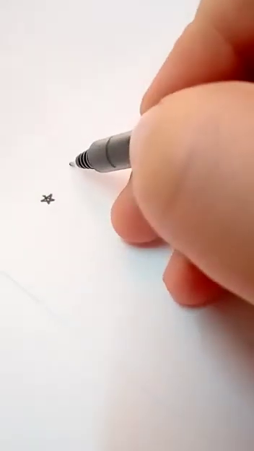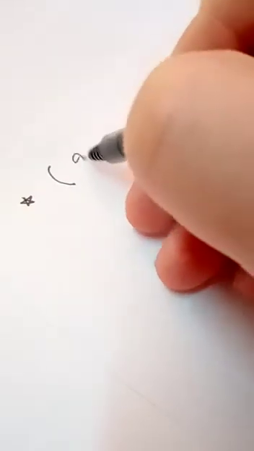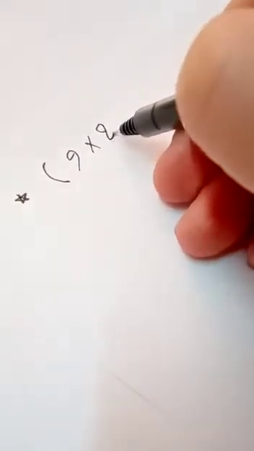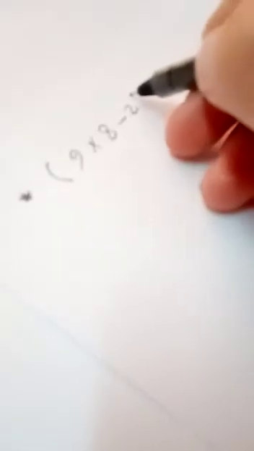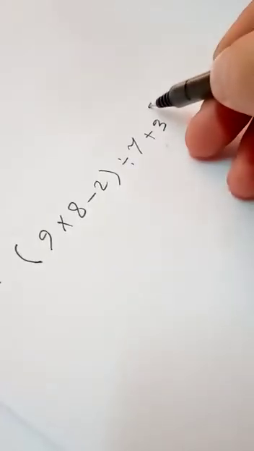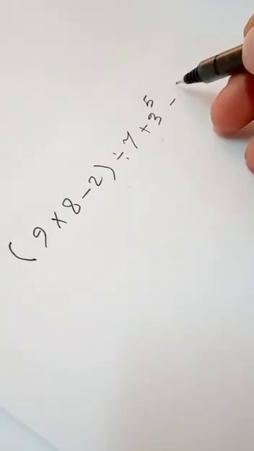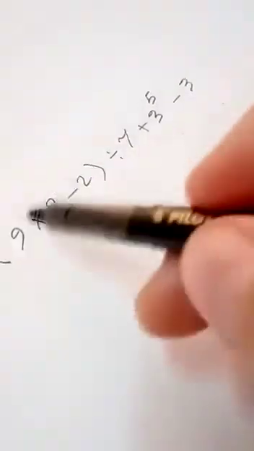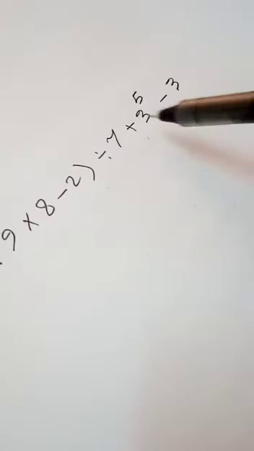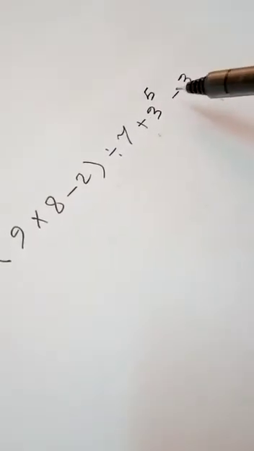Now suppose we have this exercise. For example, between parentheses we have 9 multiplied by 8 minus 2, divide by 7 plus 3 exponent 5 minus 3. So we have parentheses, divide, power, plus and minus. So the order is for the parentheses.